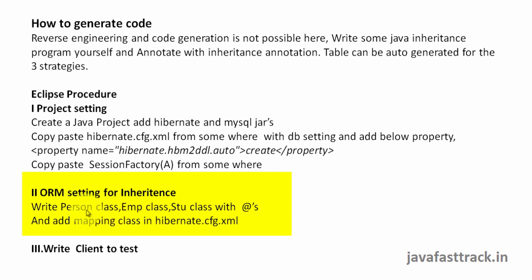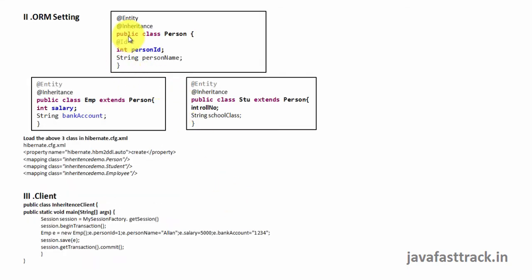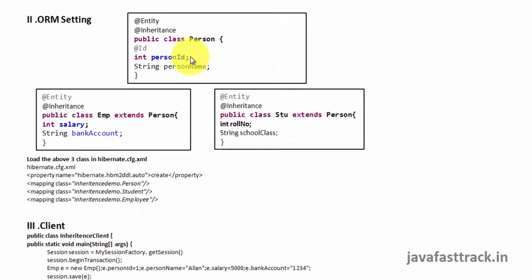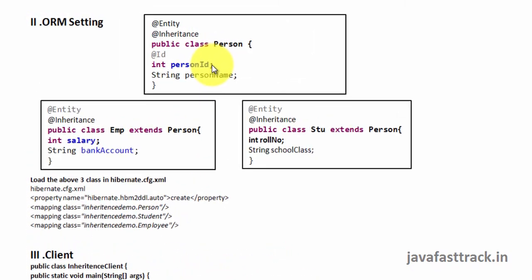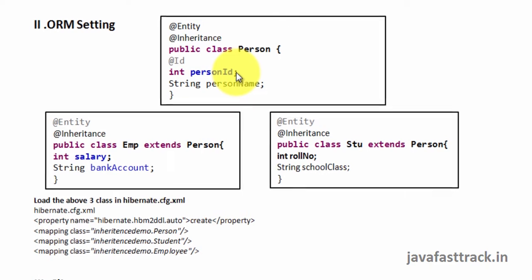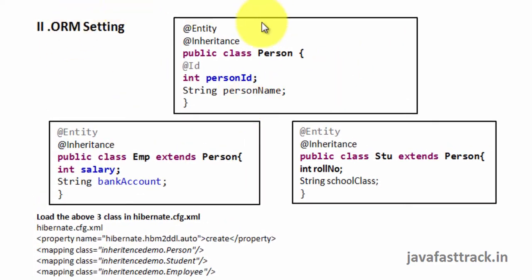It's a very easy thing to do. Just write the three programs, put these annotations. Do it exactly as here. The person class you write, employee class, student class.